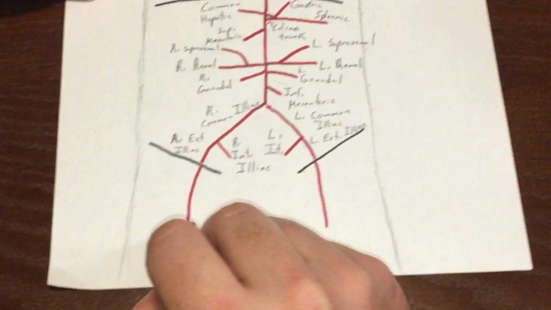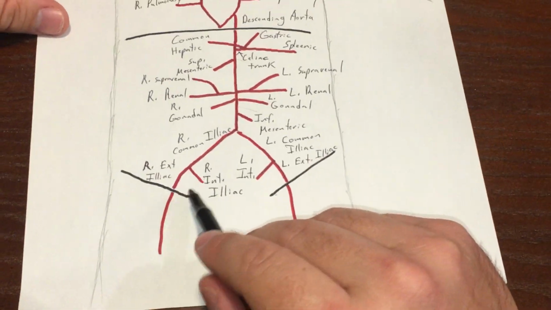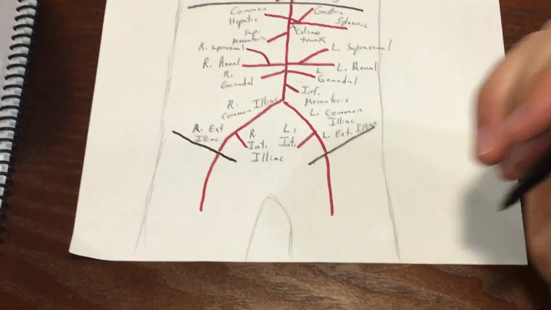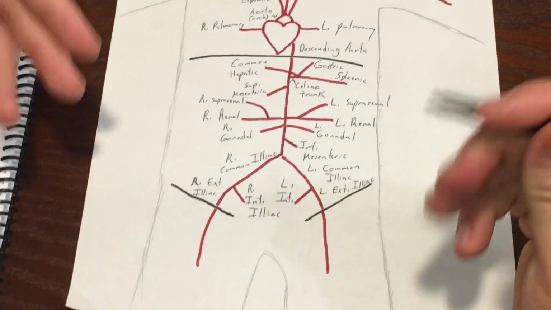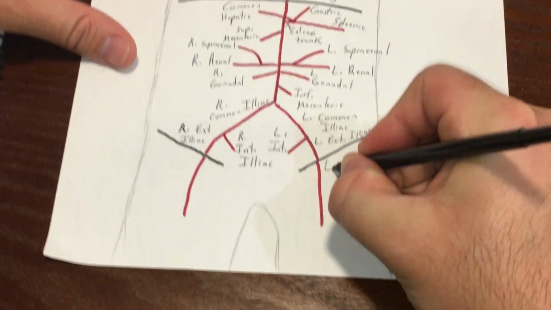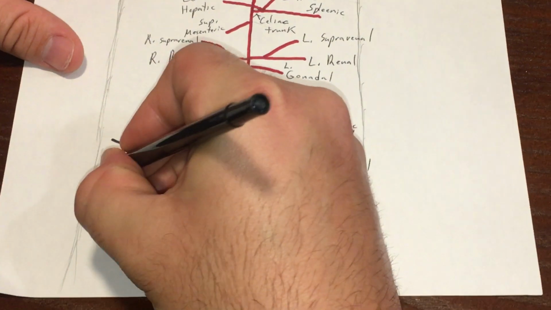A little OCD on my R there. But then the left and right external iliac arteries are going to go past the inguinal ligament, going through the femoral canal, and because they're going through that landmark in the body, it's actually going to change its name to the left and right femoral artery.